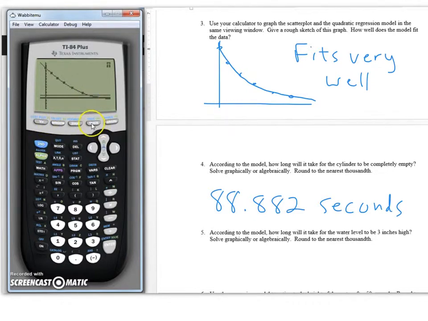So we can do second and then trace and then intersect and then hit enter, and then we can hit enter for the first curve and enter for the second, and then we move it close for the guess and hit enter again, and we get our point of intersection, and it happens at 66.916 seconds. So we can write that down, 66.916 seconds.